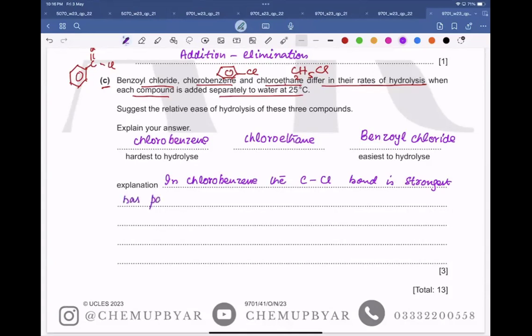It has partial double bond character and is difficult to break.